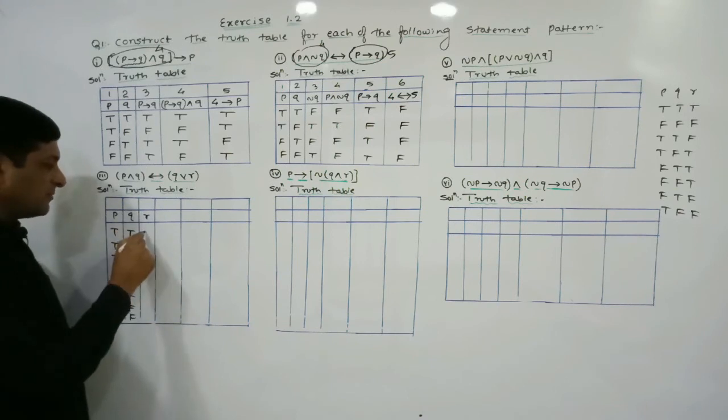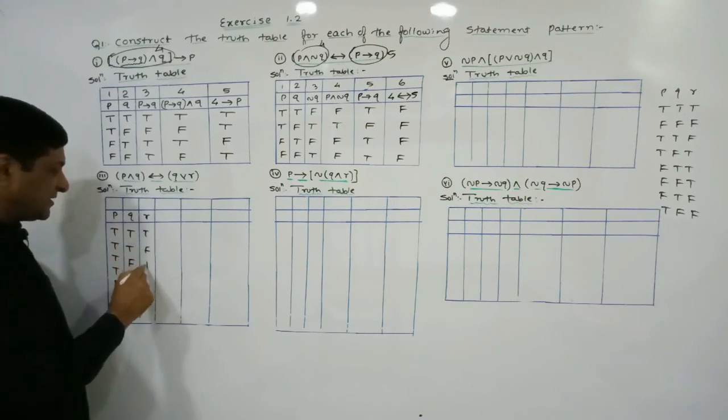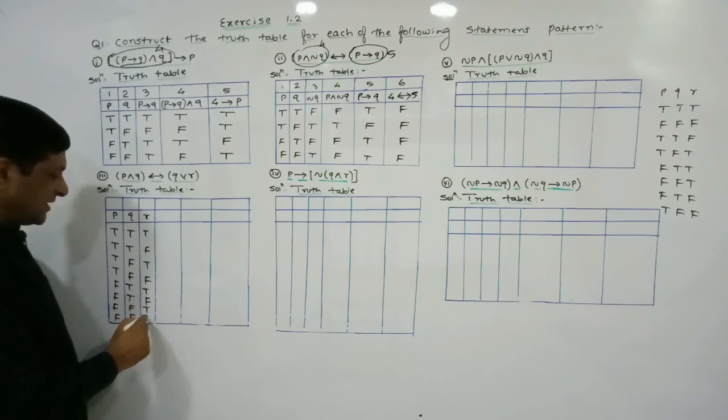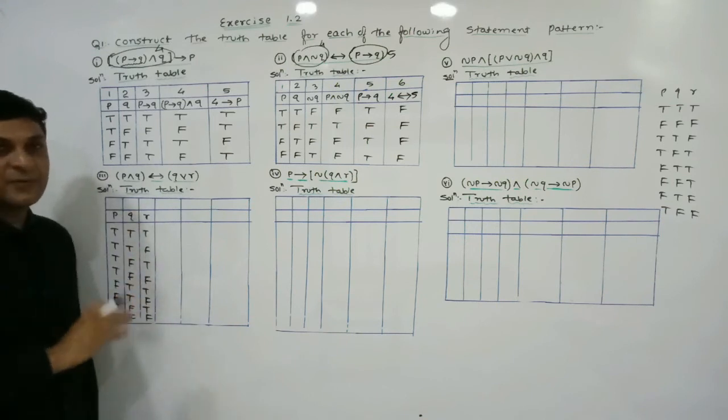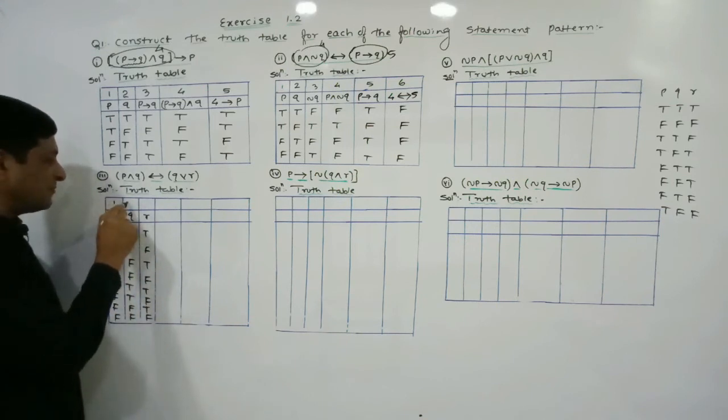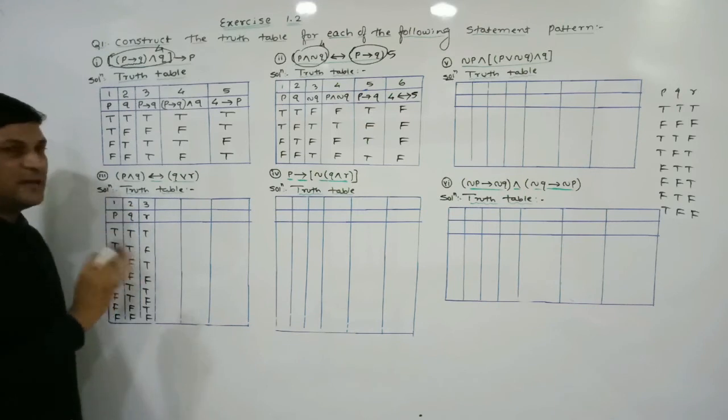And in the third column, write down T, F, T, F, T, F, T, F. In this way, we are writing these 8 different possibilities. Denote the first column by number 1, second by number 2, and third by number 3.